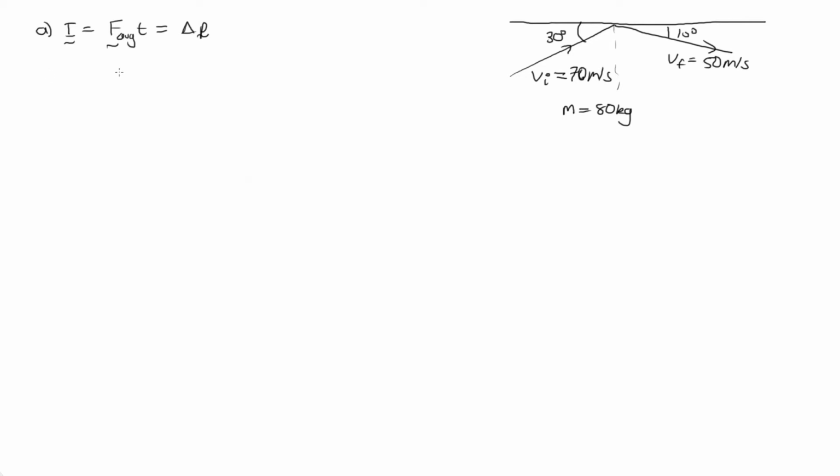So to do that, we'll want to work out the initial velocity and then the final velocity, and we'll break it into x components and y components. So here's our x component, here's our y component.